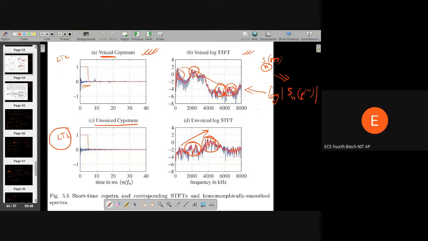If you take a segment frame of the speech signal, the blue lines are the log magnitude spectrum, log of magnitude of S of e to the power j omega. But the red one is obtained by taking the first few components of the Cepstrum and then doing the Fourier transform. It tracks the envelope and helps you determine the formants. You can see the same thing for unvoiced speech.